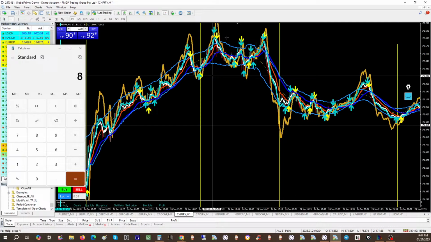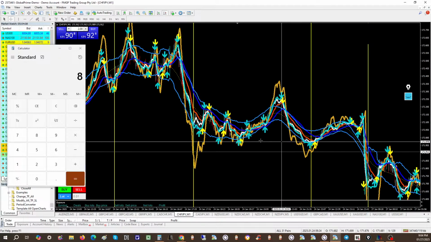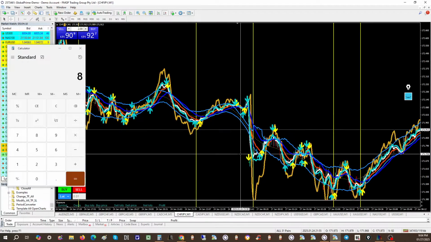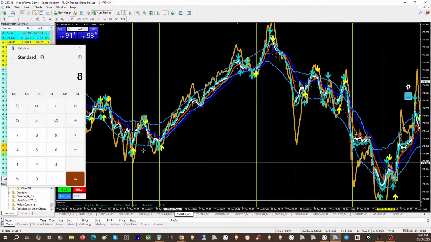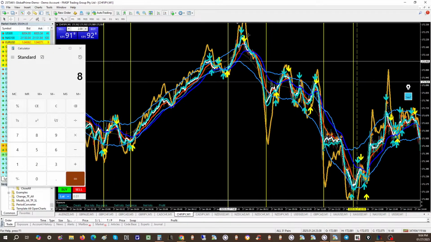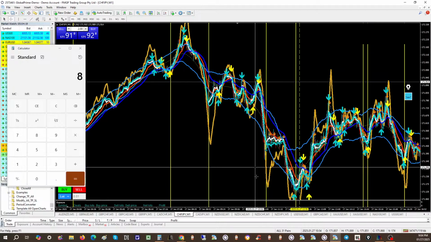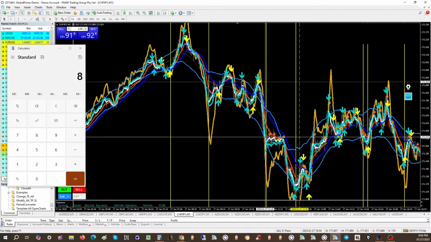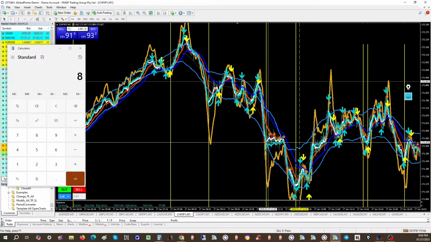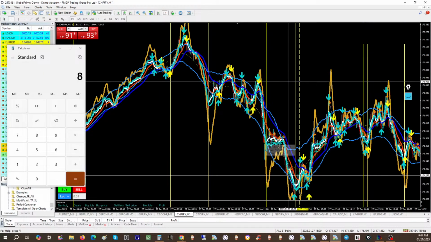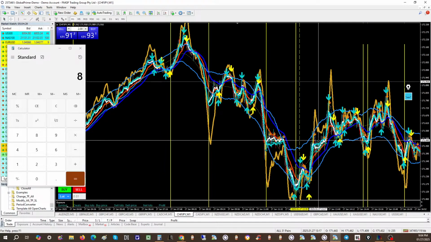So a winner, a winner, a winner, a winner, a winner, another winner, another winner, another winner, another winner. Right there, that would have been a sideways evener. If you missed it and you had to go down here, everything popped back up. So it's either even or a winner.